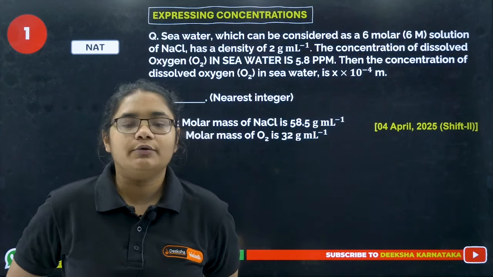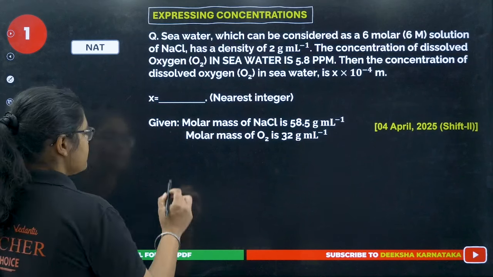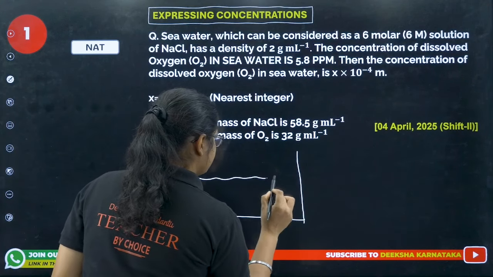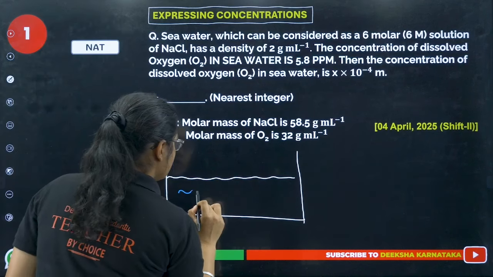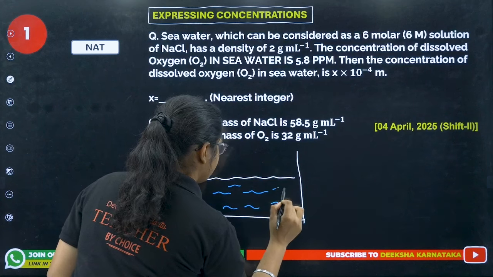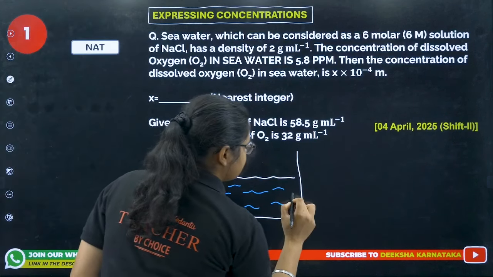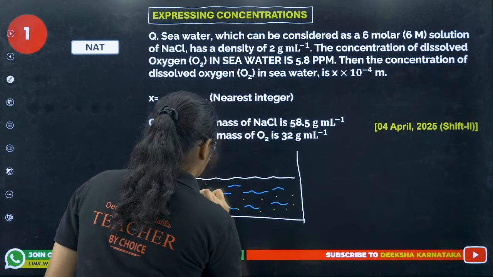Okay, so first let us understand this question diagrammatically. Let this be sea water. This is your sea water, and in this sea water what do we have? We have NaCl, right? So I have NaCl here. These yellow particles you can see, NaCl is dissolved.